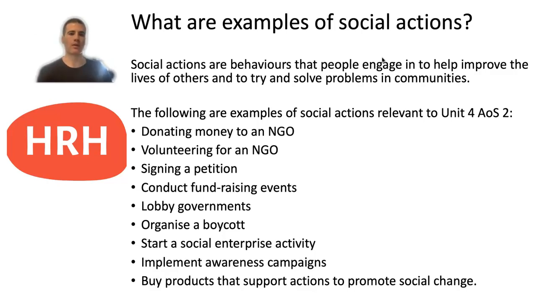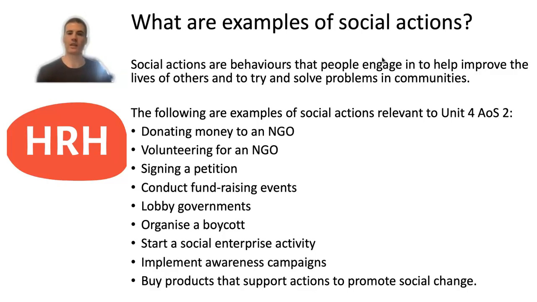You can see that the first 2 relate to non-government organisations such as World Vision. An individual could donate money to a non-government organisation who's carrying out some kind of project in a low-income country. That could be, for example, improving access to things like clean water or maternal health care. You could volunteer for a non-government organisation.